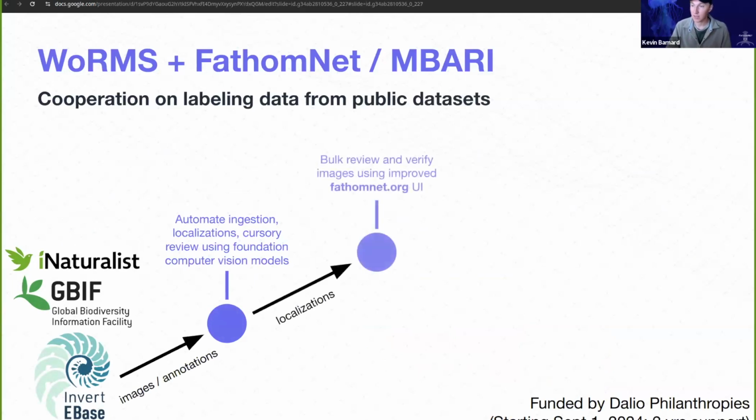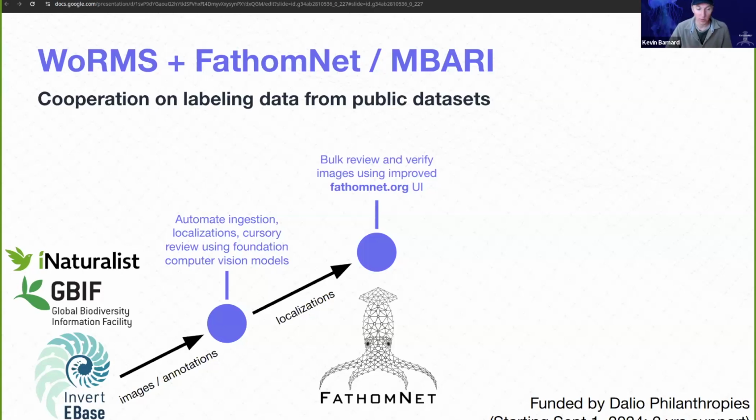From there, right, we want to take these localizations and pull them into the FathomNet database. One big part of this effort is that we are going to be building out the FathomNet database UI to include functionality to enable bulk review and verification to make that workflow more efficient. And this is something that we'll be targeting for development in the middle of the year.